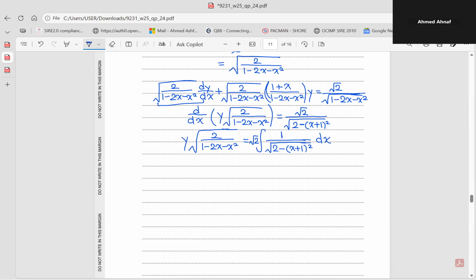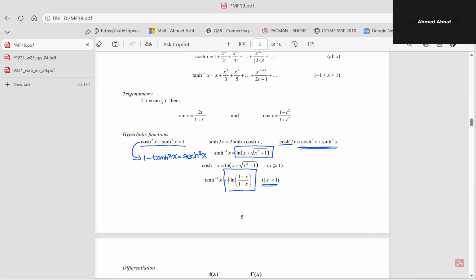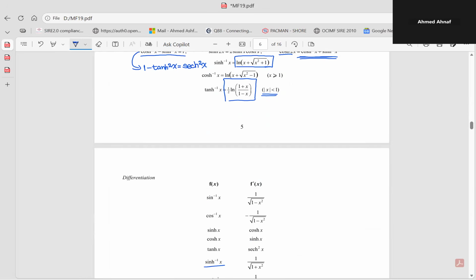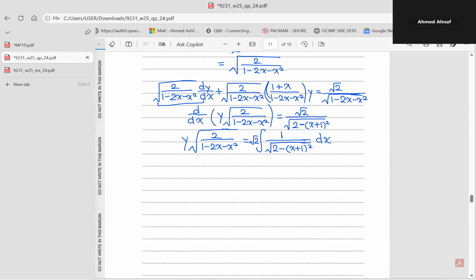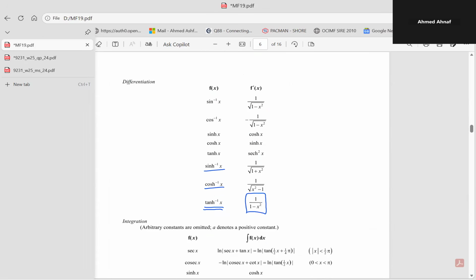To integrate this, let's go back to our formula sheet and see what integral this is closest to. It's a constant minus x squared, so it's just sine inverse x.